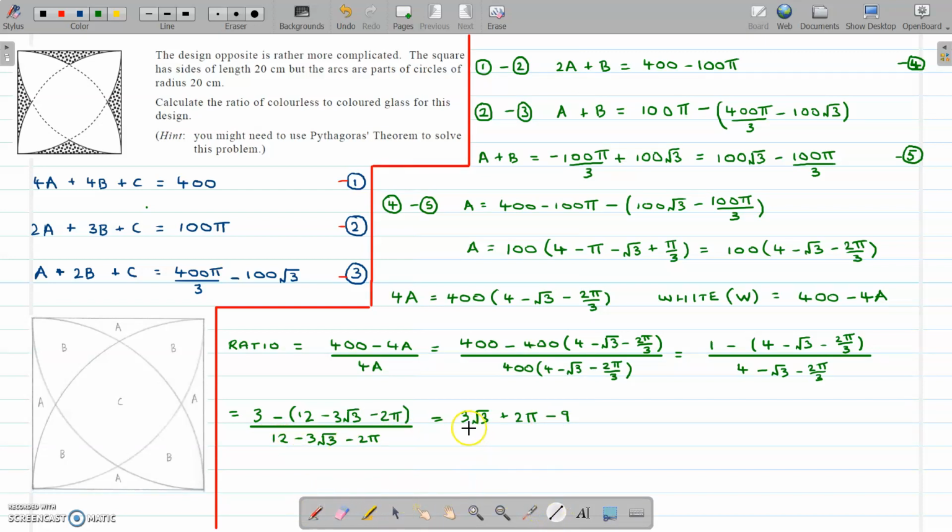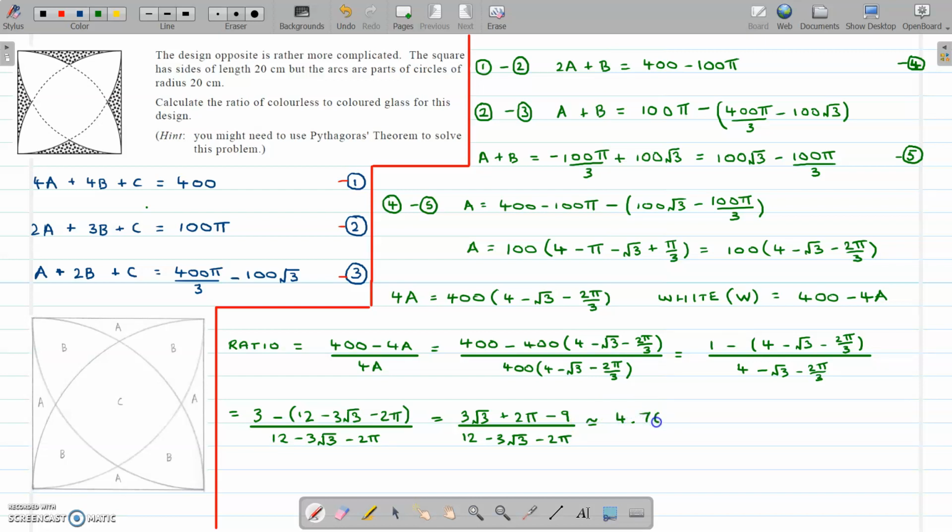On the bottom of that fraction we've got 12 minus 3 root 3 minus 2 pi.